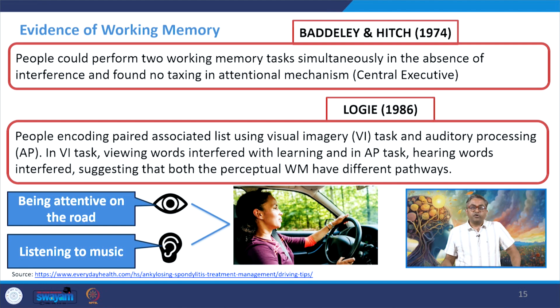In the auditory processing task, hearing words interfered with the visual imagery task, suggesting that both perceptual working memories adopt a different pathway. For example, while you are driving a car, you have to pay attention to the visual stimuli present on the road or in the environment.